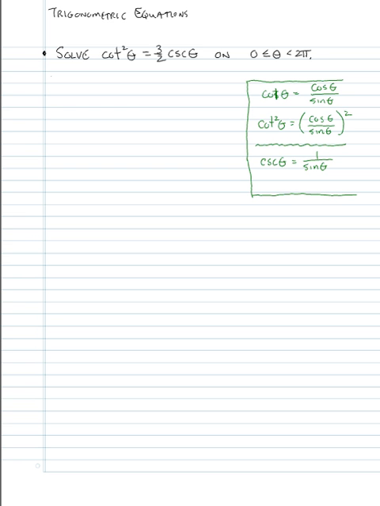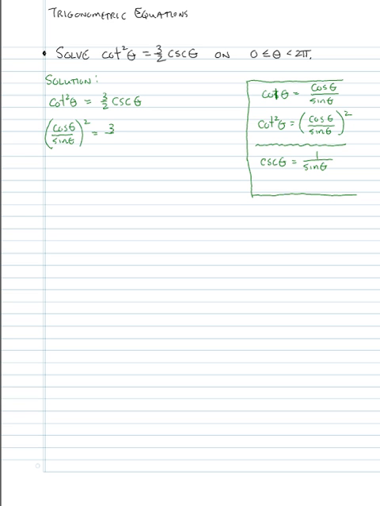So when I'm going about solving this equation, cotangent squared theta equal 3 over 2 times cosecant of theta, as described over on the right, I'm going to replace cotangent squared theta with the cosine of theta over the sine of theta, squared.